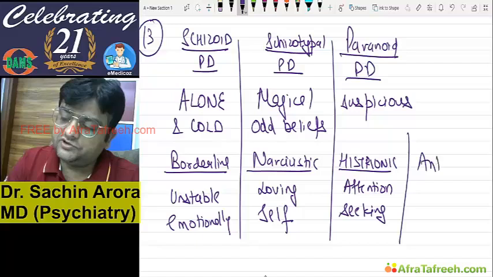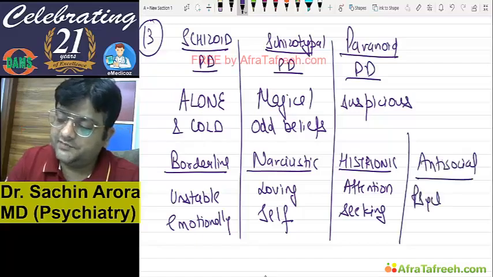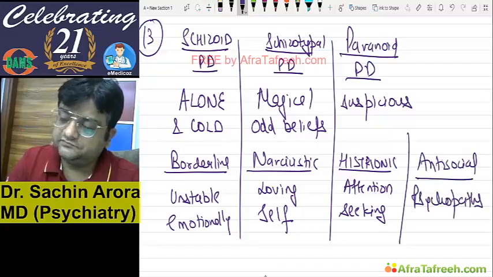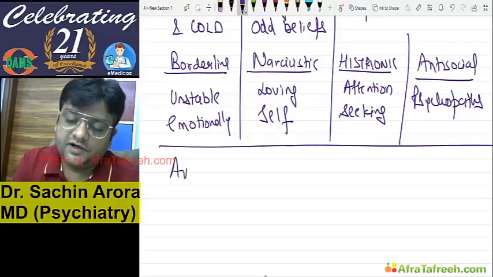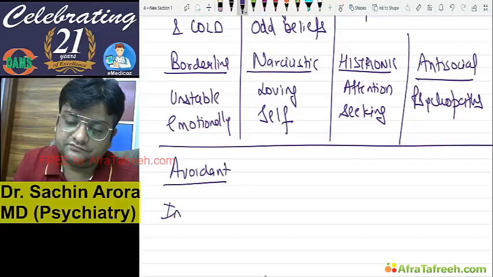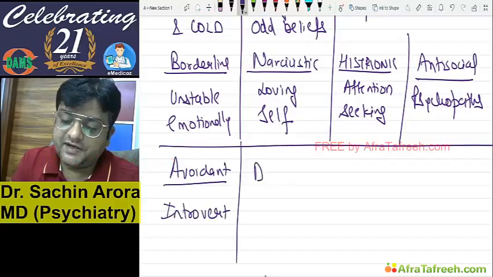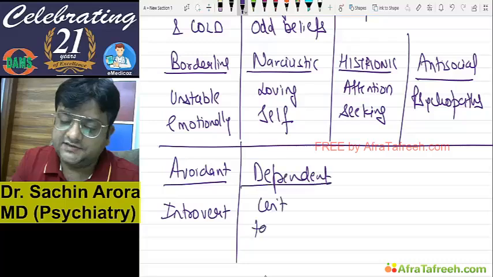Antisocial means psychopaths, criminals. Avoidant means introvert. Dependent means can't take decisions. OCPD or anankastic means perfectionist.